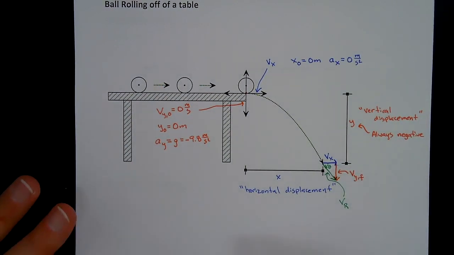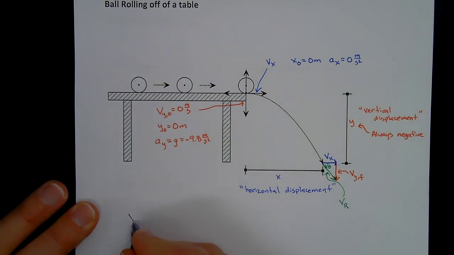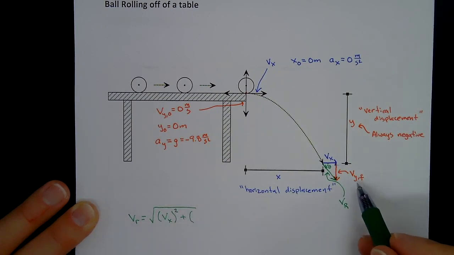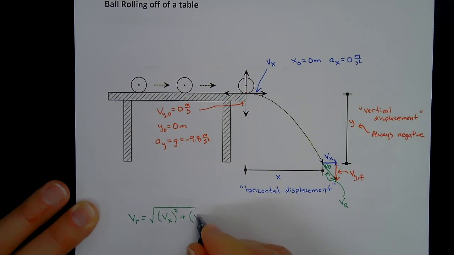So from last week's lessons, I know that v sub r we can grab by using the Pythagorean theorem. So this would be the square root of my horizontal velocity v sub x squared, plus my final velocity in the y direction, v sub y comma f, squared.